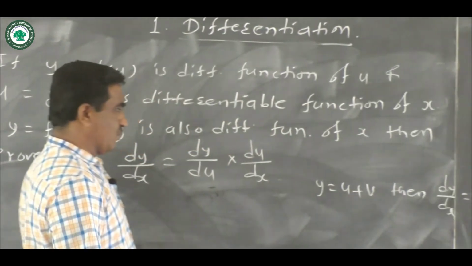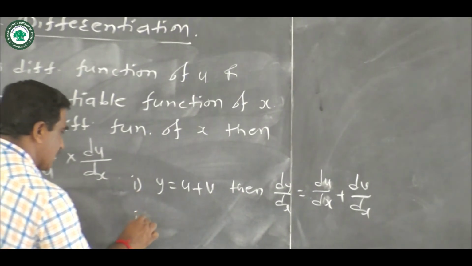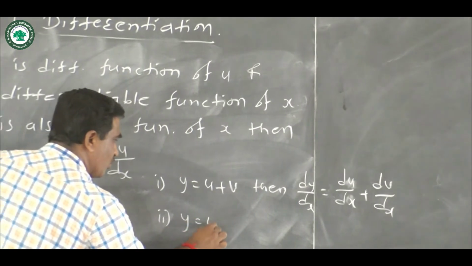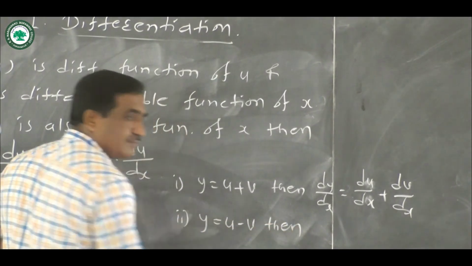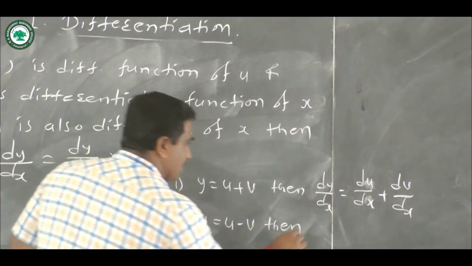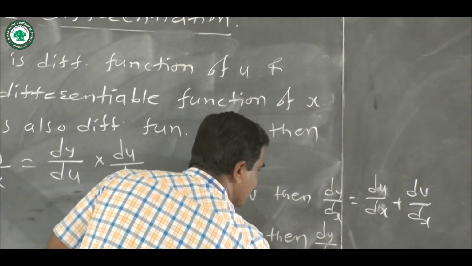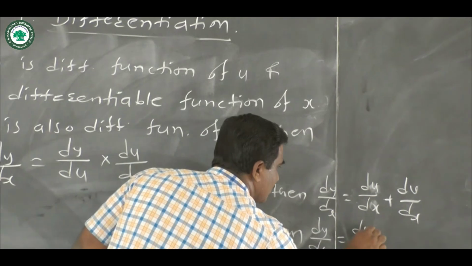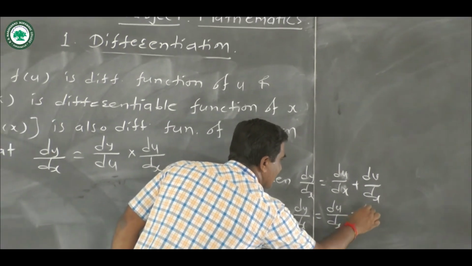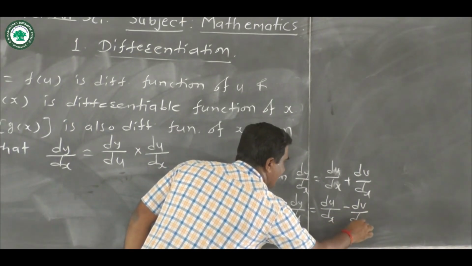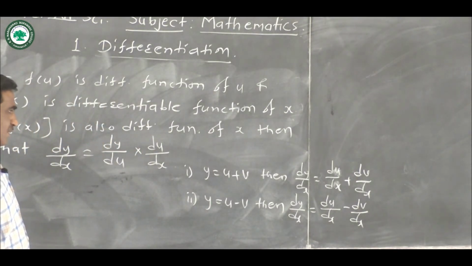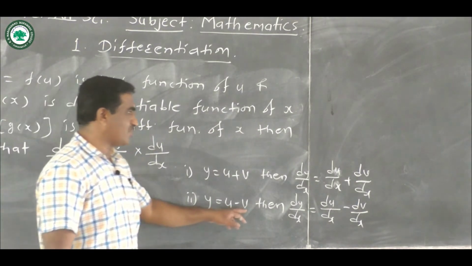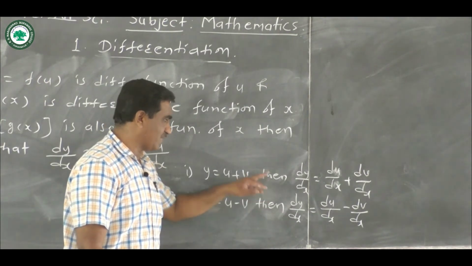This is the addition rule, number first. Second rule is if y is equal to u minus v, then dy by dx is equal to du by dx minus dv by dx. This is the second rule of differentiation, which is called the subtraction rule.